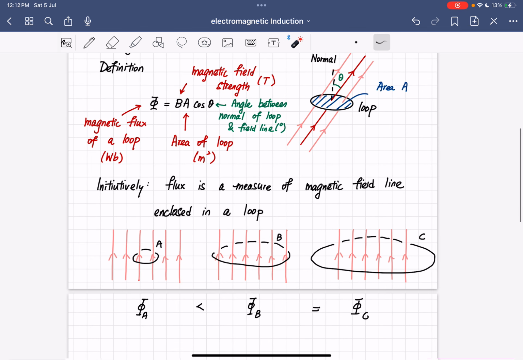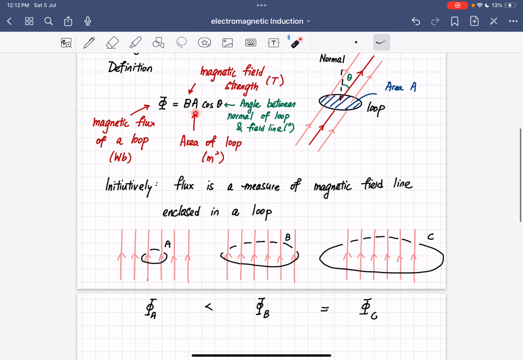So therefore, when you are using the value of A here, we need to be very careful. It's not just to naively put in the size of the area of the loop into this equation. Instead, you only use the area of the loop which has magnetic field lines passing through.